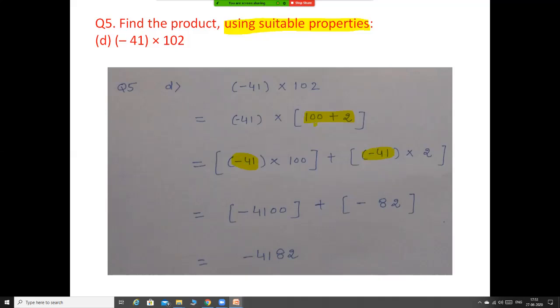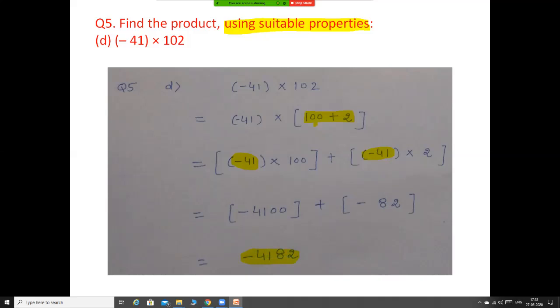What is going to happen now? Minus 4100 in the first bracket. In the second bracket, this is minus 82. So how to add these two numbers now? Minus 4182 is the final answer.